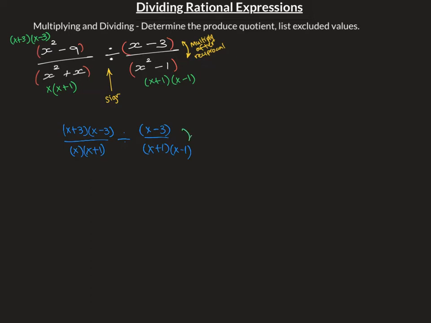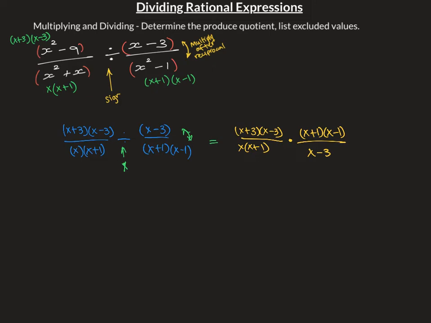So we take the reciprocal of this, and then we change this to a multiply. So this will become x plus 3 times x minus 3 divided by x times x plus 1, multiplied by x plus 1 times x minus 1 divided by x minus 3.